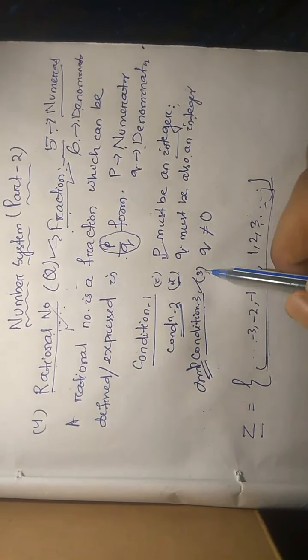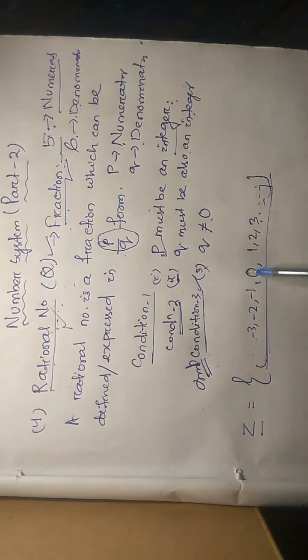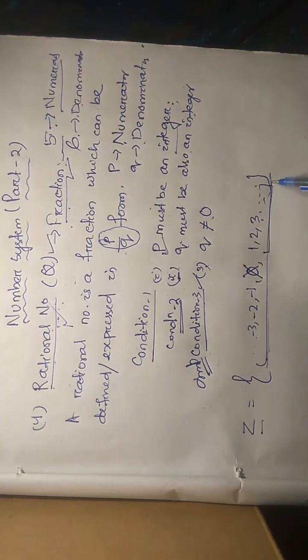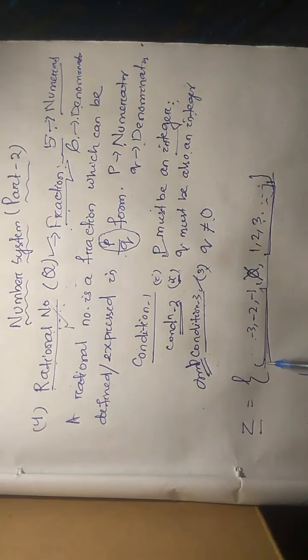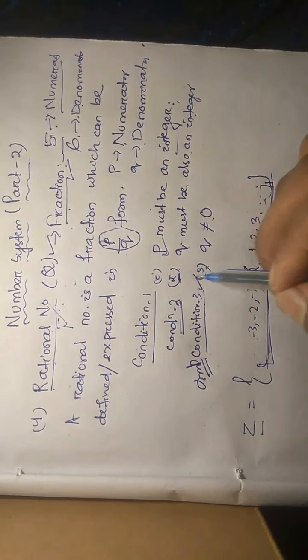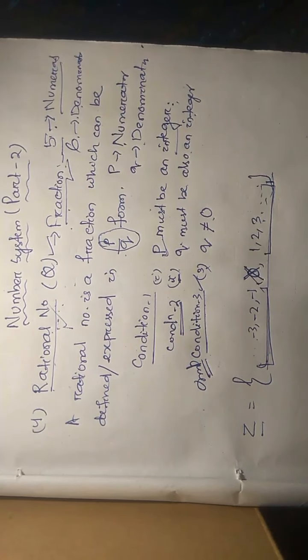But the third condition tells us that Q cannot be 0. Q can be any number from the positive side or from the negative side, but Q can never be 0. So these three conditions must be satisfied by any number to become a rational number.